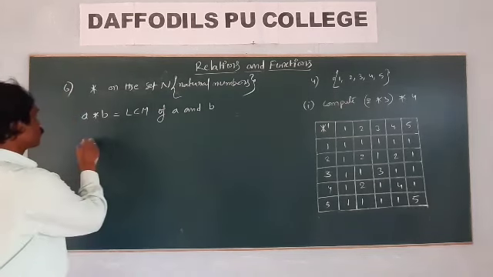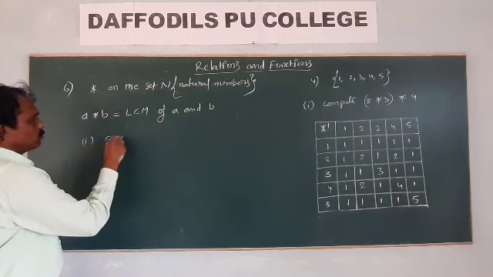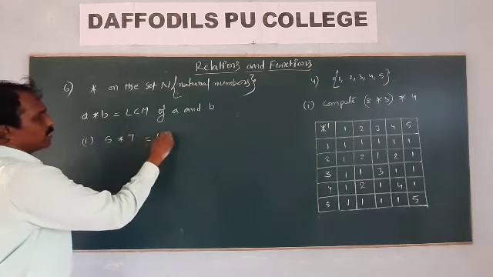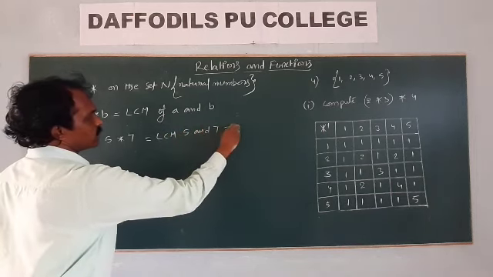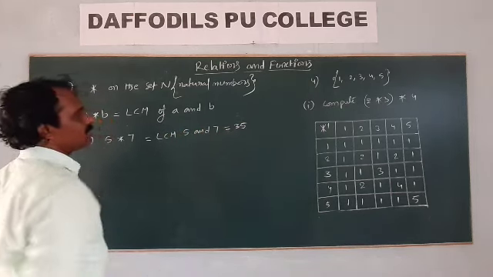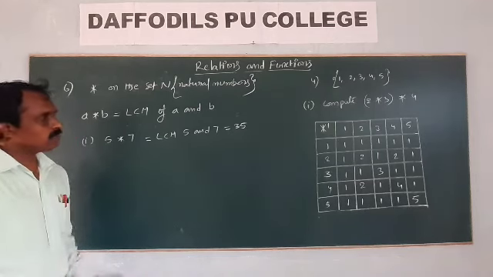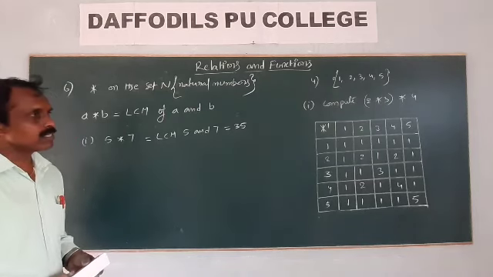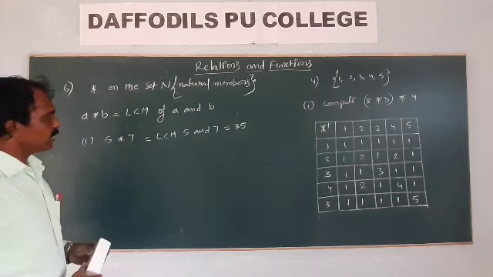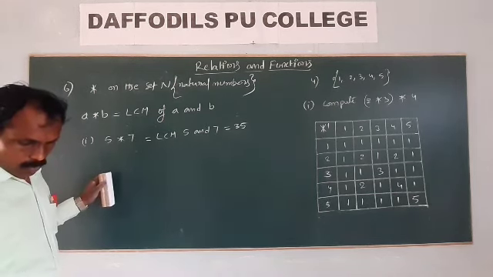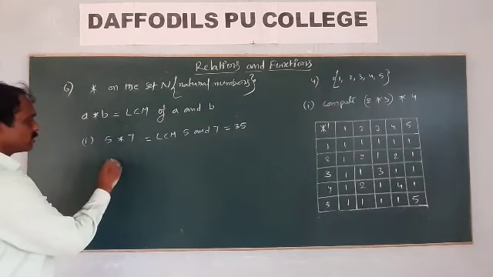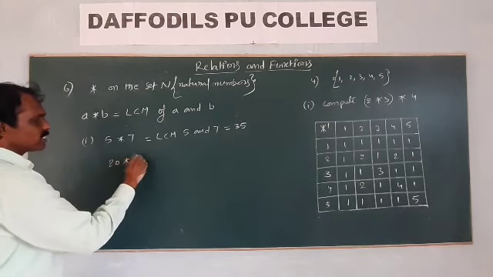First, 5 star 7. LCM of 5 and 7. What is this one? 35. Right. Next one, 20 star 16.